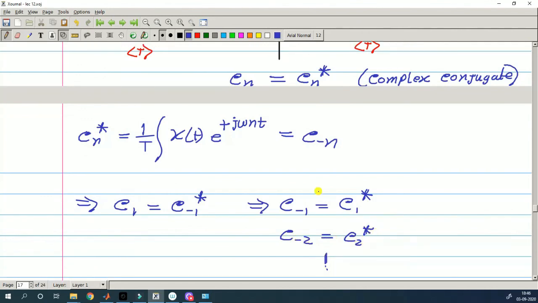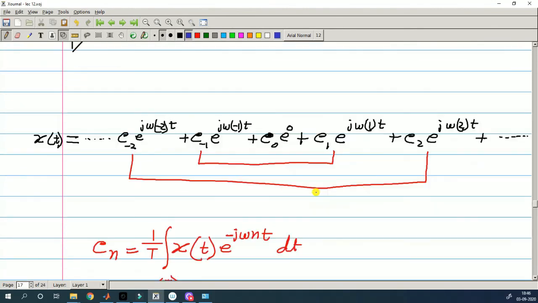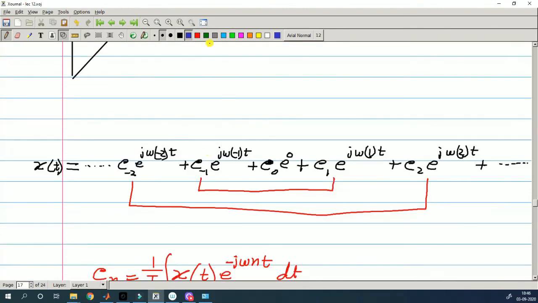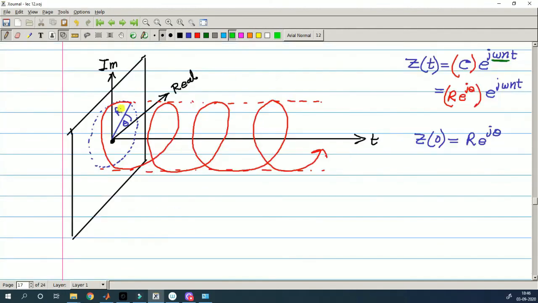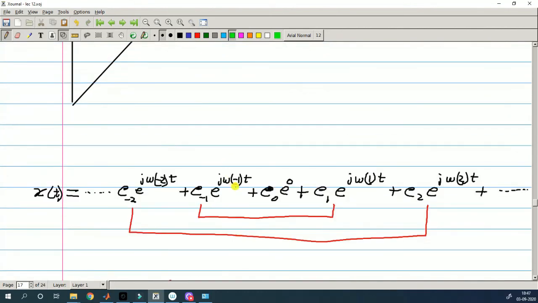That means if you consider, say, these two signals which are rotating like a spiral with opposite angular velocity, their coefficients are complex conjugate of each other.